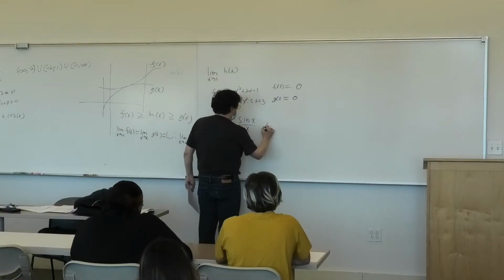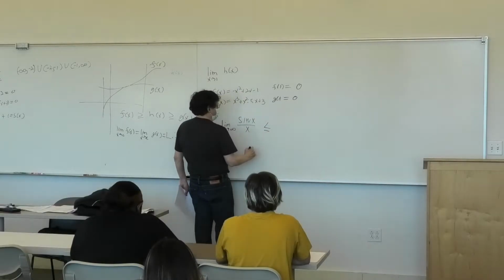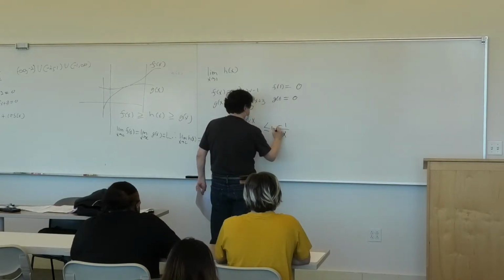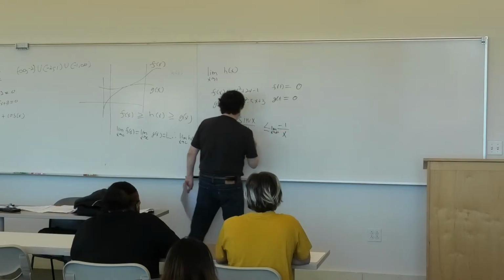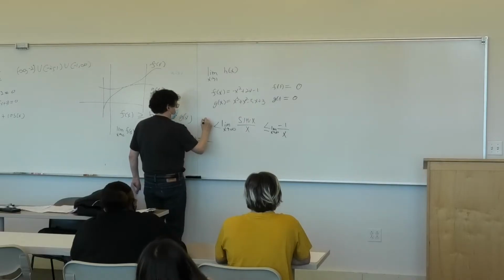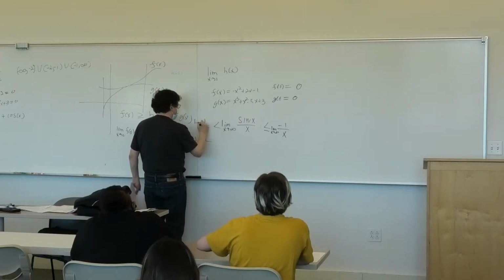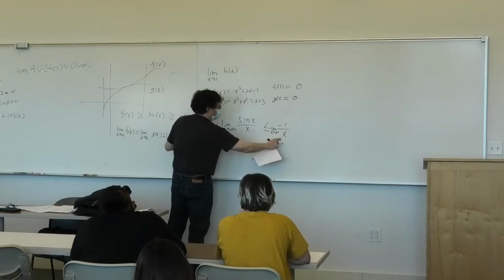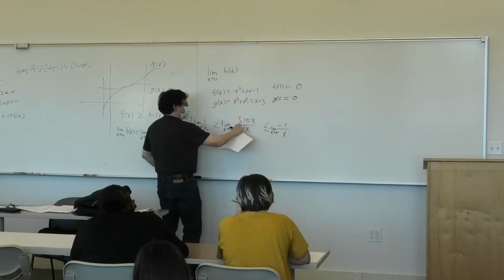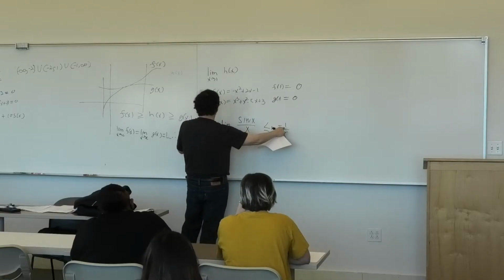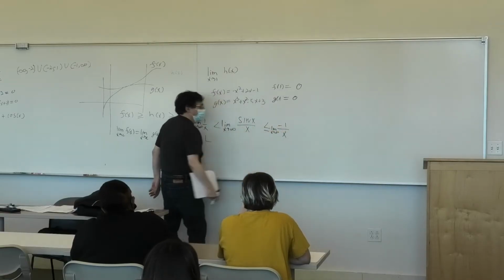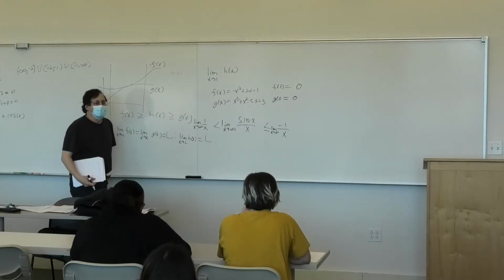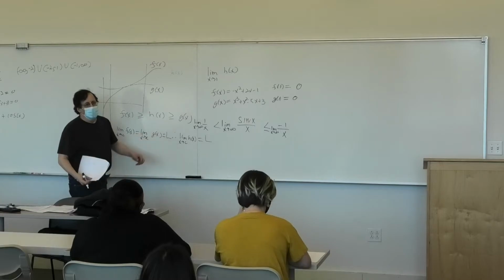Yeah, this is going to work. So both of these limits go to 0. Sine of x over x is always between these two. So we can find the limit. That's a simple example.